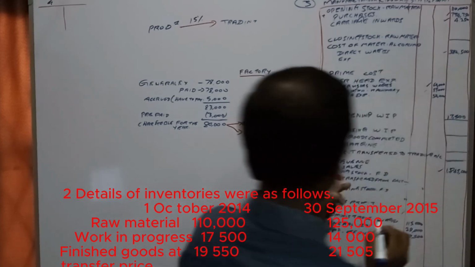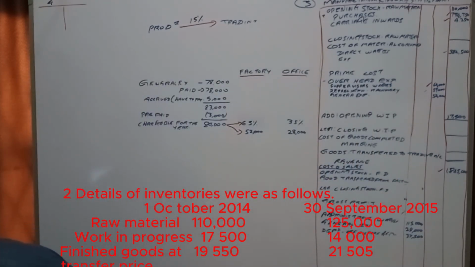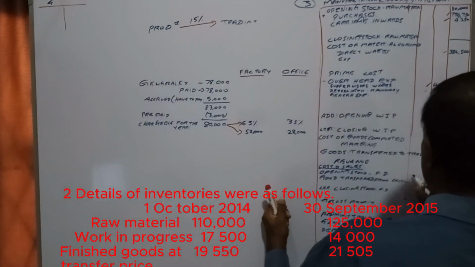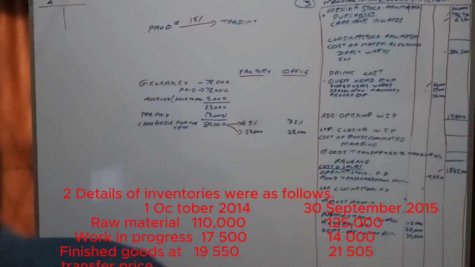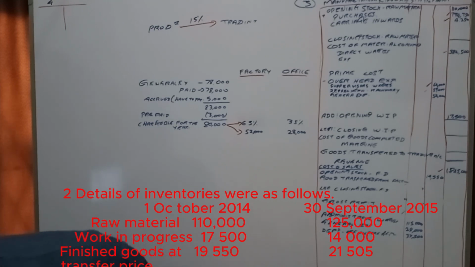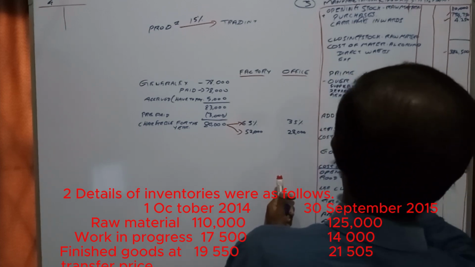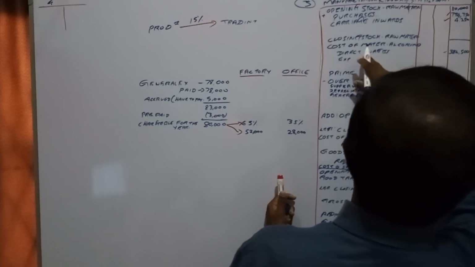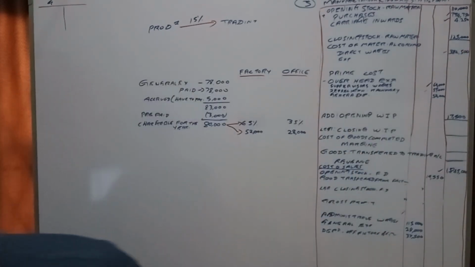Here the opening stock is 19,550, finished goods at transfer price. Raw materials closing stock 125,000.